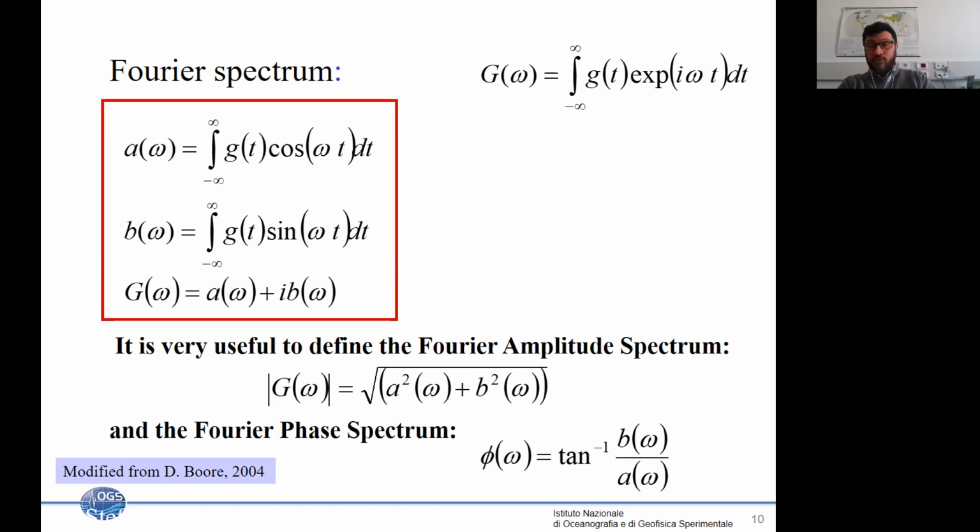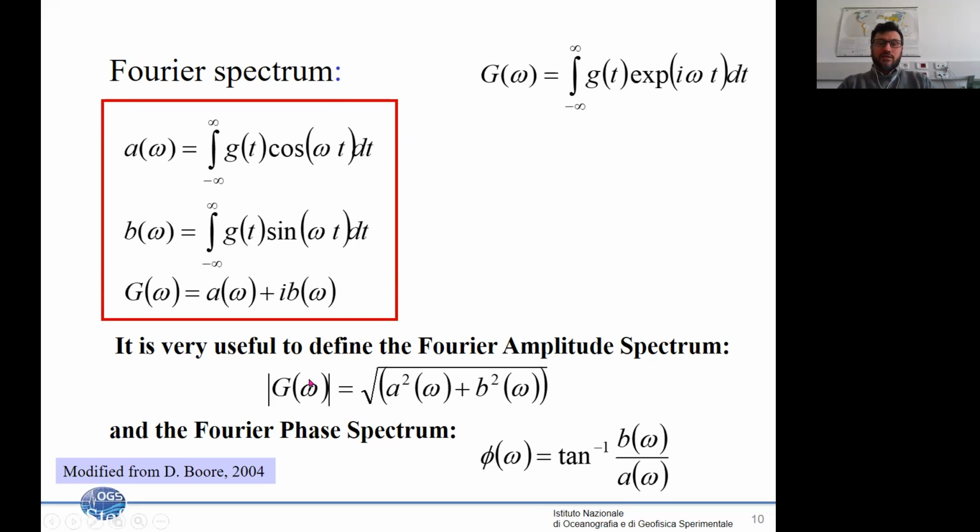Well, this is quite important, especially in seismic analysis, but I would say in all seismology, because starting from the original signal, we can, through the Fourier transform, obtain information about how strong is the amplitude of each frequency composing the signal.